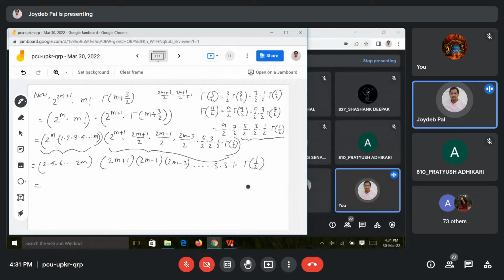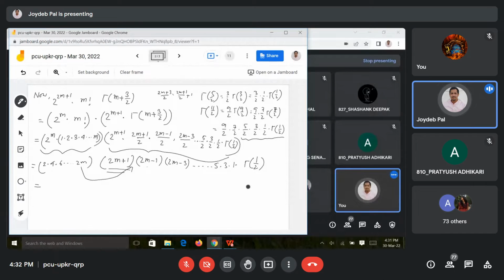Okay. So here, now if you arrange these values in descending order or ascending order, then the values will be like that. The maximum value is 2m plus 1. Then 2m. Then 2m minus 1.